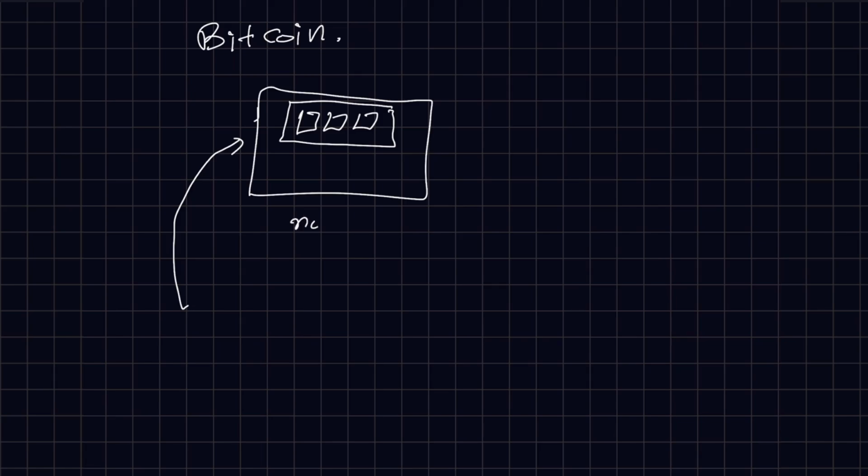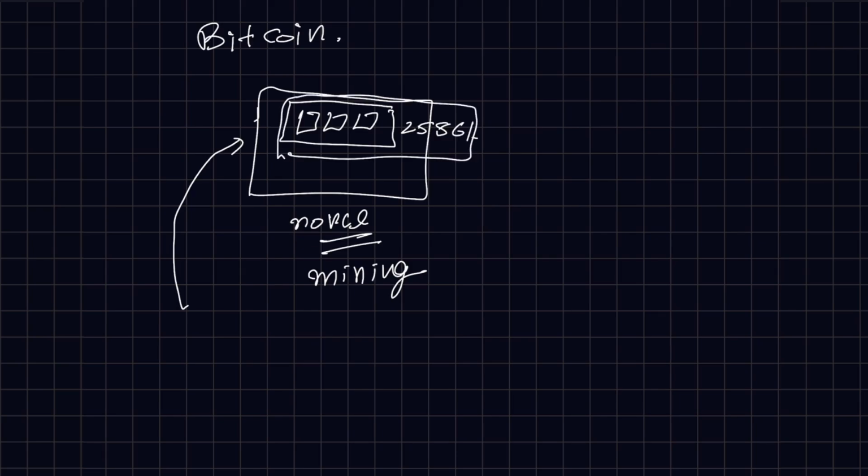Then it finds the nonce. It does mining to find a number such that when you put that number in front of it, let's say that number is 25561, and you hash all of this together, you get 0000x, something like that. The miner is hashing.